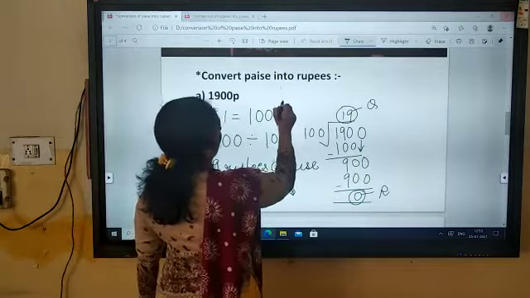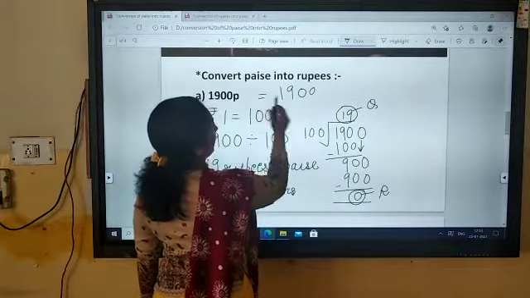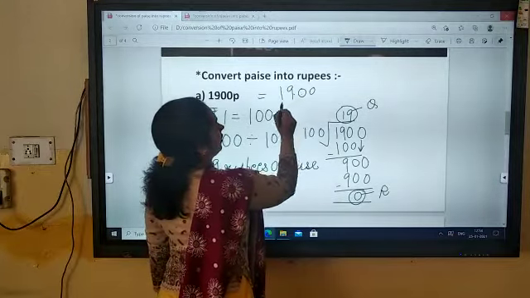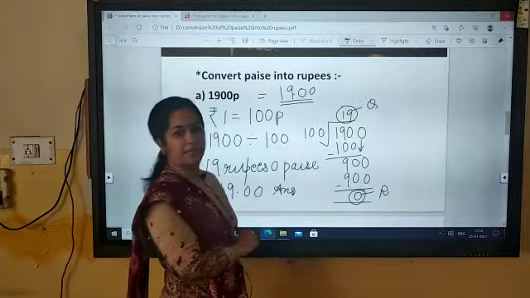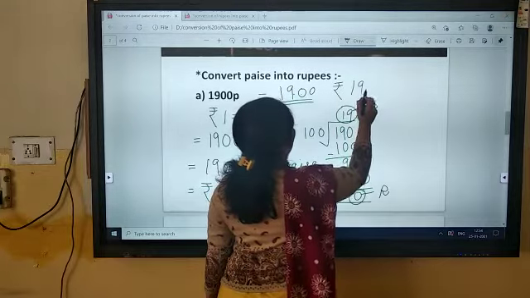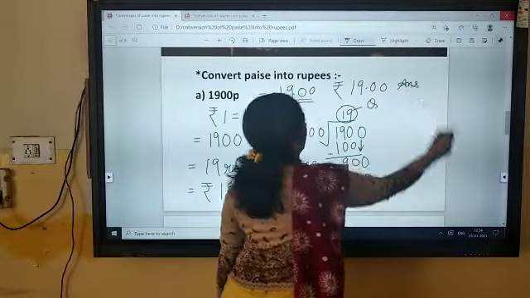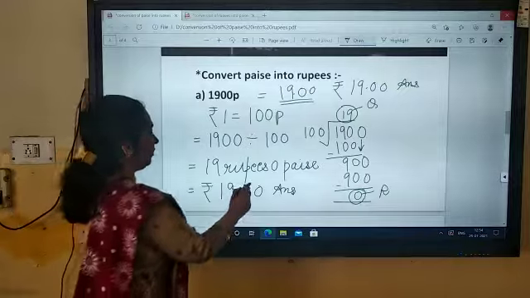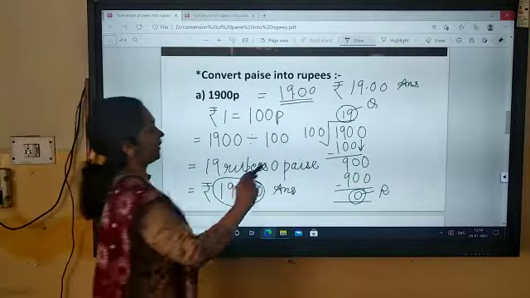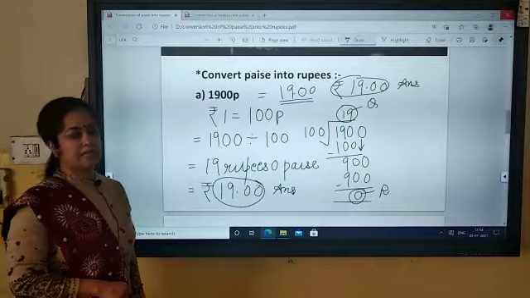We get rupees 19.00. So with the first method we got rupees 19, and with the second method also we got the same answer, rupees 19.